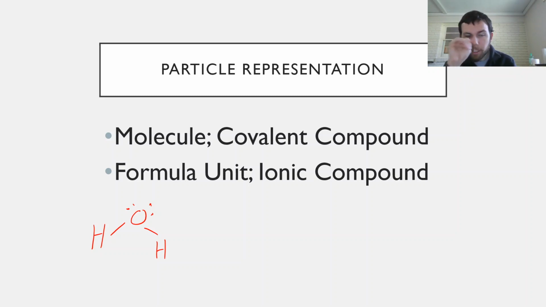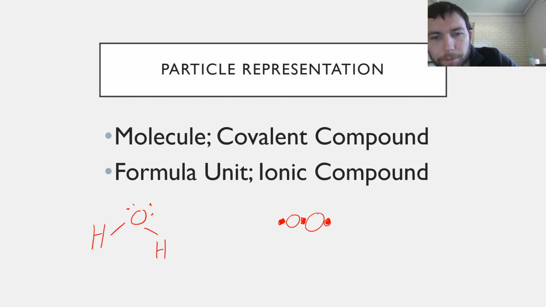Whereas your formula unit is going to look a little bit different, right? Your formula unit, you're going to have your nice defined crystal lattice structure where you've got your small metal cations and your larger non-metal anions.